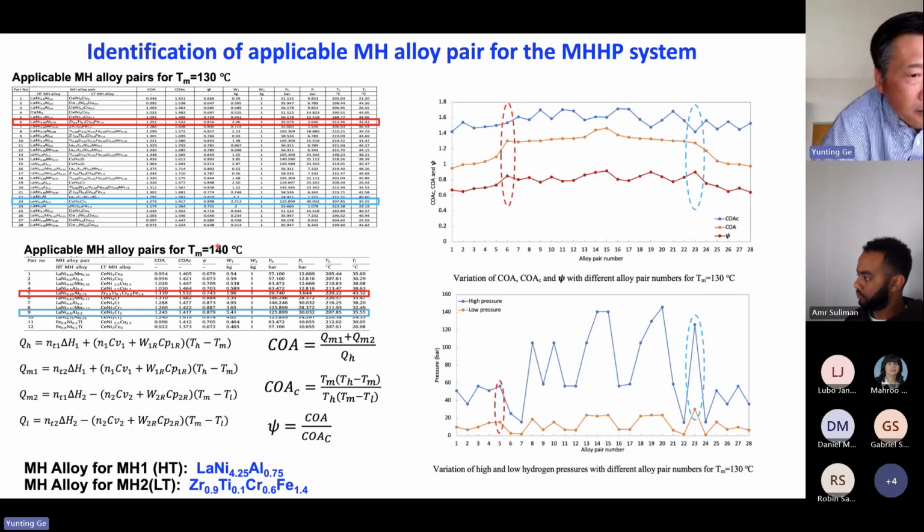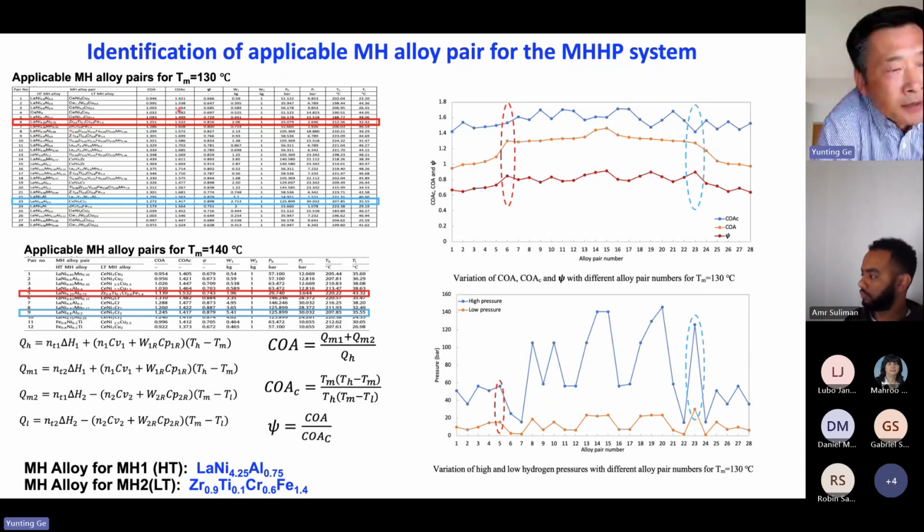For the Tm at 140 degrees C, we can select about 12. The pair included with the red square here can be applied for both medium temperatures, 130 and 140.